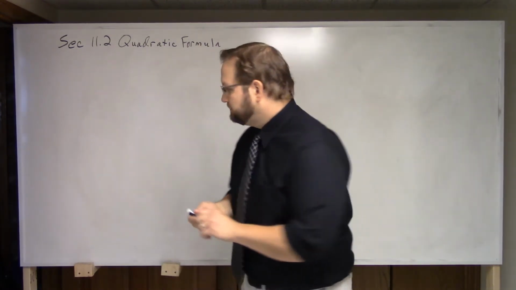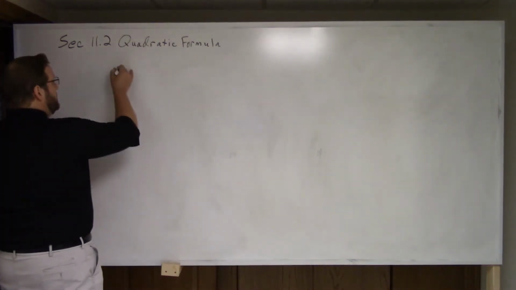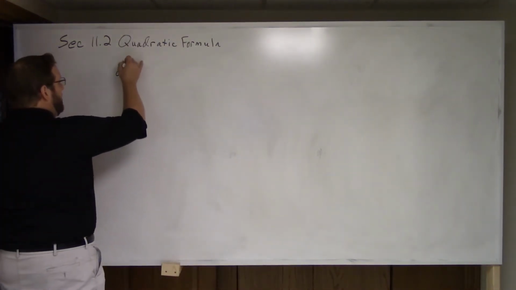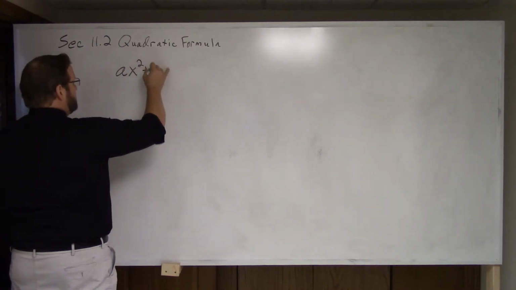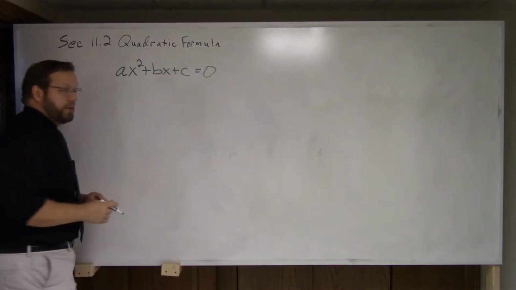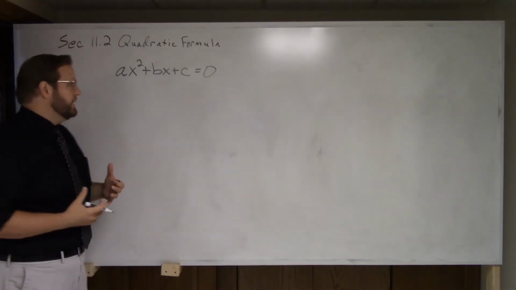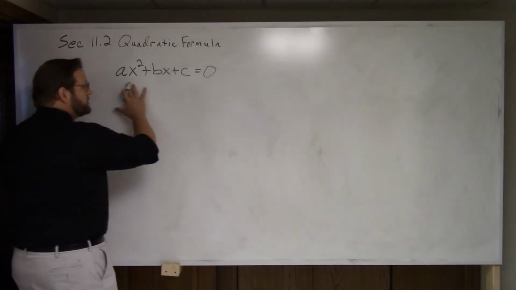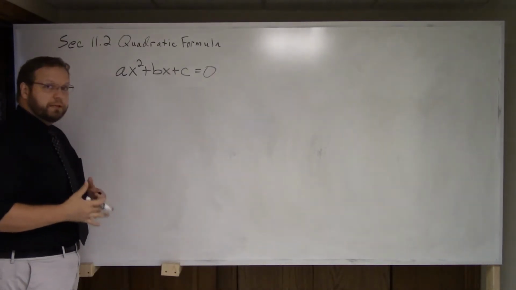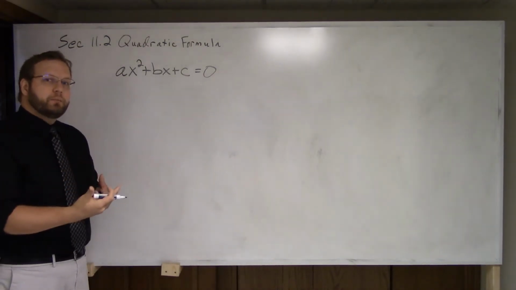Let's see how we can solve, using completing the square, just the general quadratic ax squared plus bx plus c equals 0. That is a very general quadratic equation. If I were to solve this for x using completing the square with those variables still in there, what do I end up with?